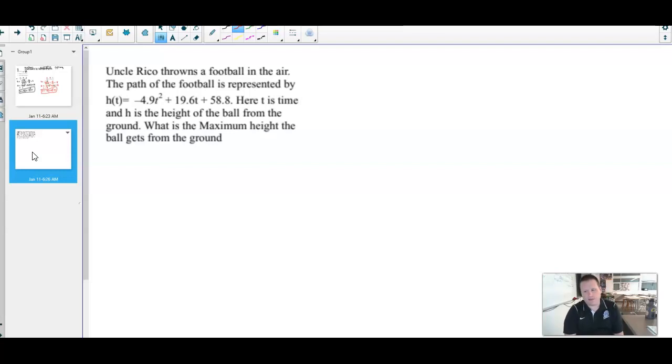The reason this is nice is that when you're tracking a ball, it's going to go up and then it's going to go back down. If I drew a model of this, it's going to go up and then back down. This is t, and this is h.